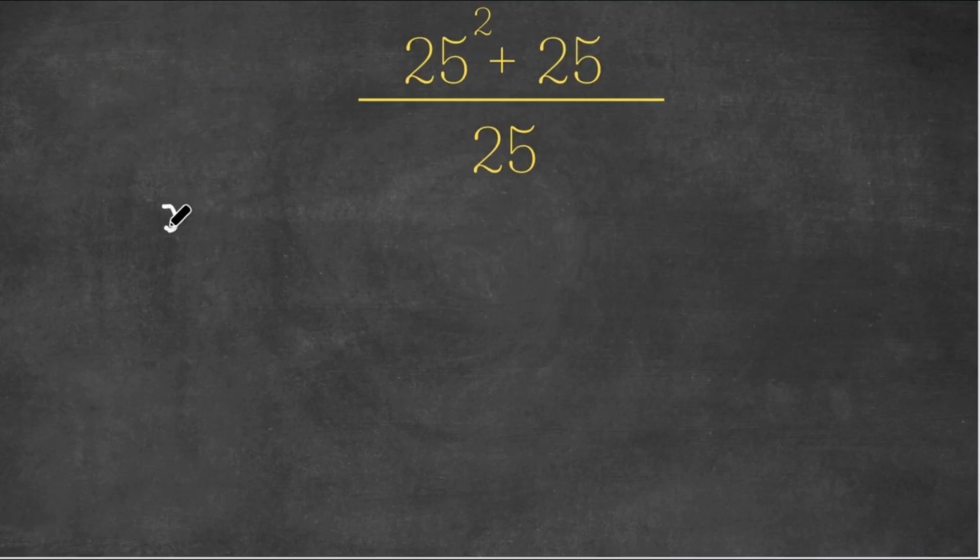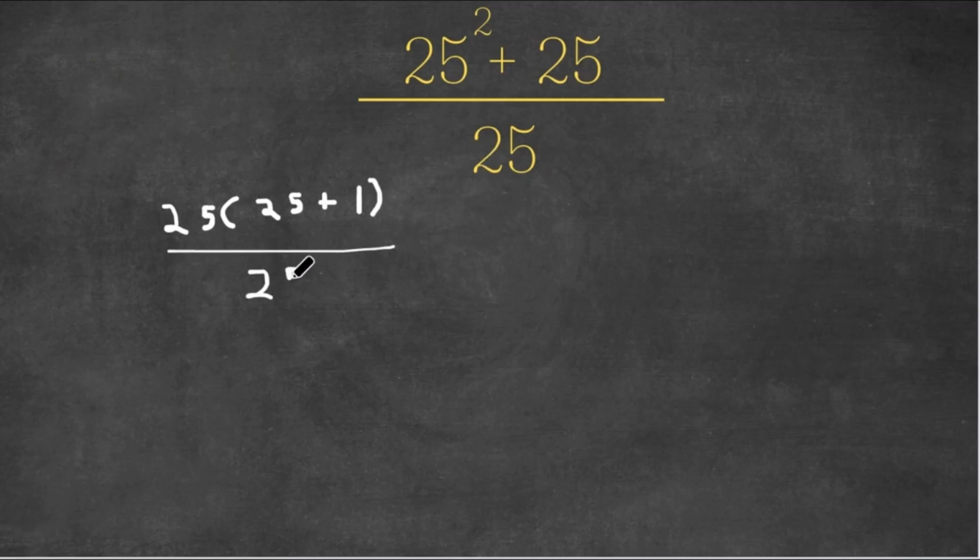So this would give me 25 times (25 squared divided by 25 is simply 25, plus 25 divided by 25 is 1), and still dividing this by 25. And now, as you can see, 25 times (25 plus 1) over 25, well, these two 25s can actually just cancel out.